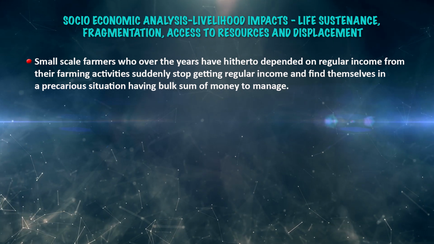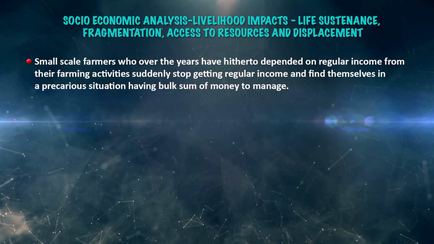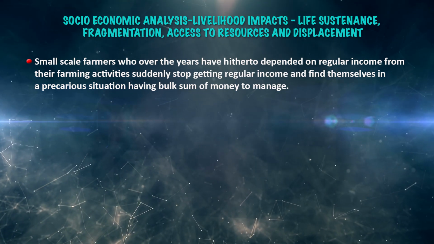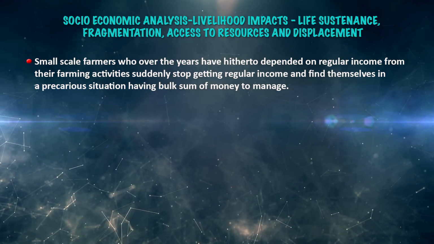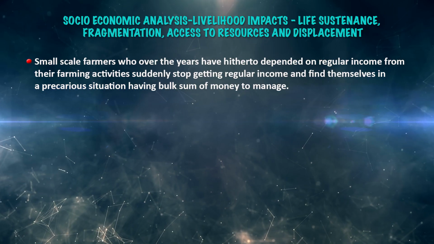Small scale farmers who over the years have depended on regular income from their farming activities suddenly stop getting regular income and find themselves in a precarious situation, having a bulk sum of money to manage.